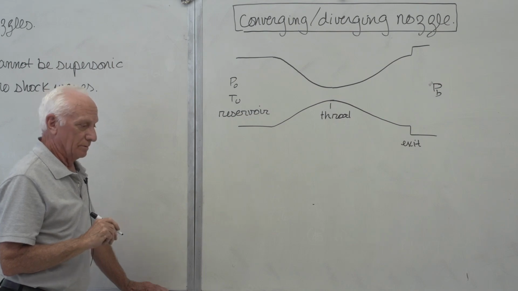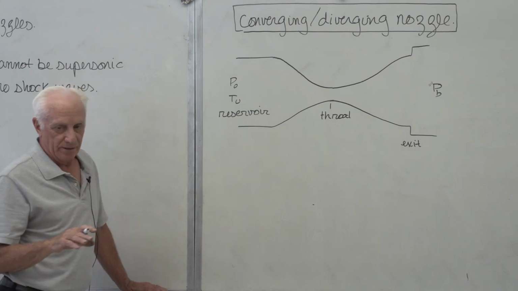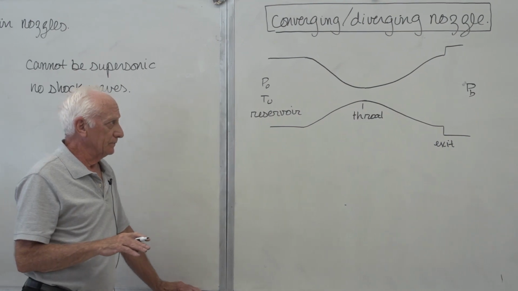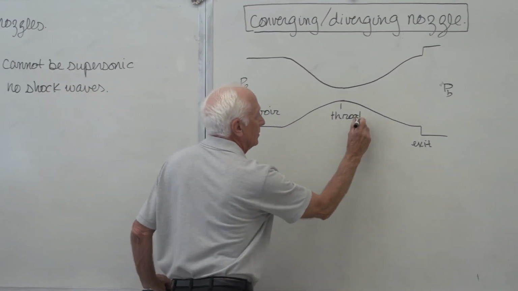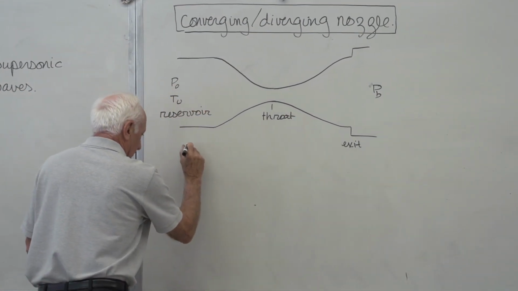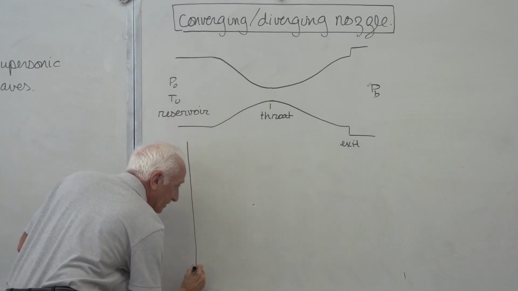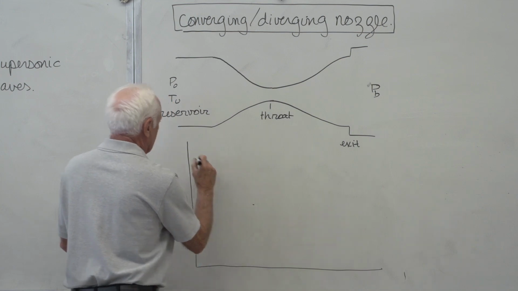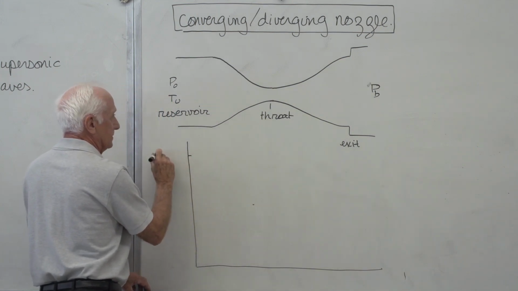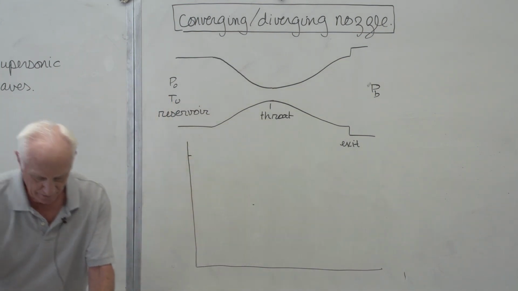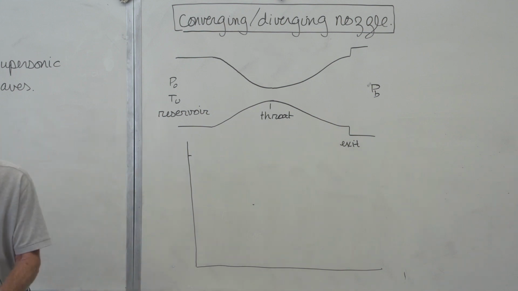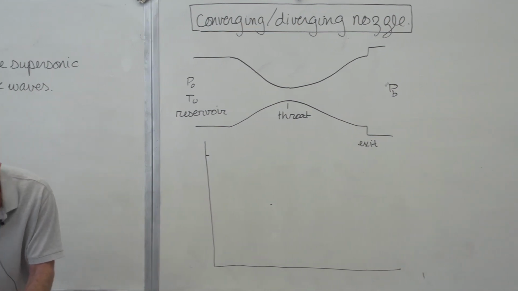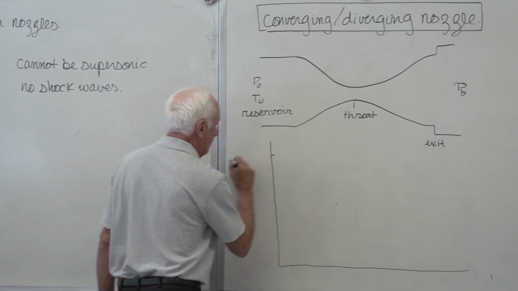Okay, so there's different cases in a converging-diverging nozzle. We'll plot it here, I guess. That might be the best way to do it. So here is our pressure ratio, P over P naught.